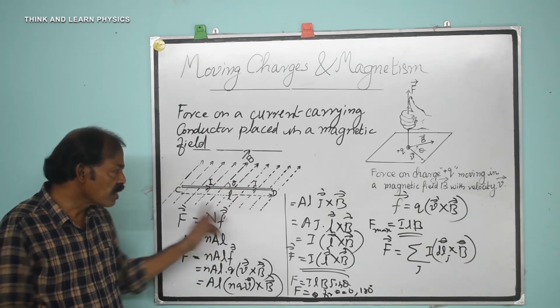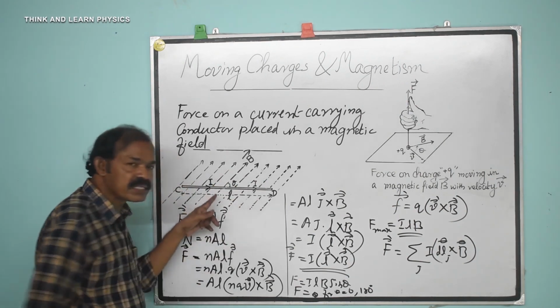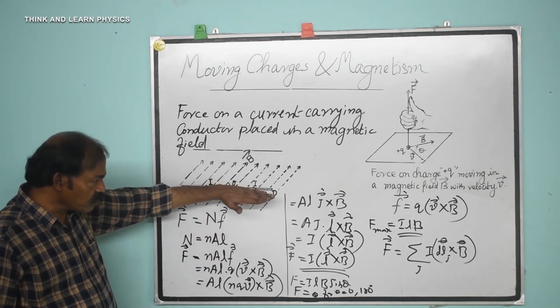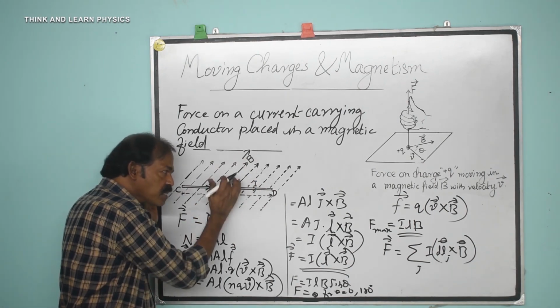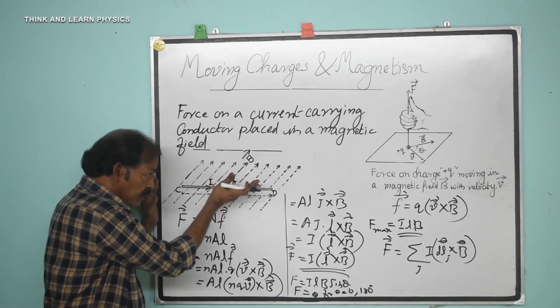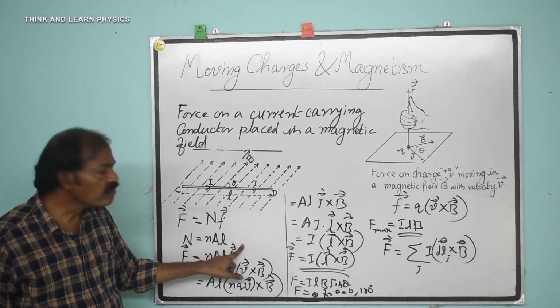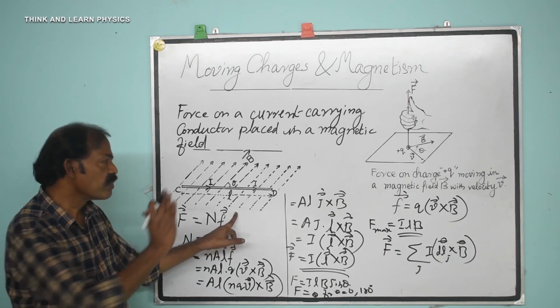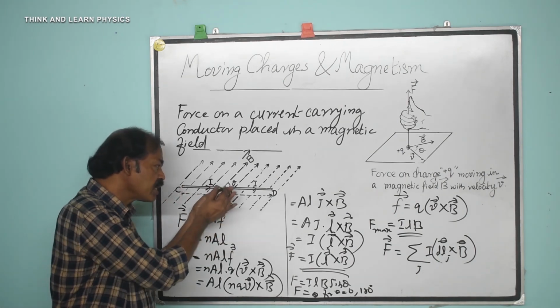In case the L vector and B vector are at an angle theta, when we take the rotation from L to B through the smallest angle theta, this rotation appears anti-clockwise when we view from this side. So the direction of the cross product will be towards us.